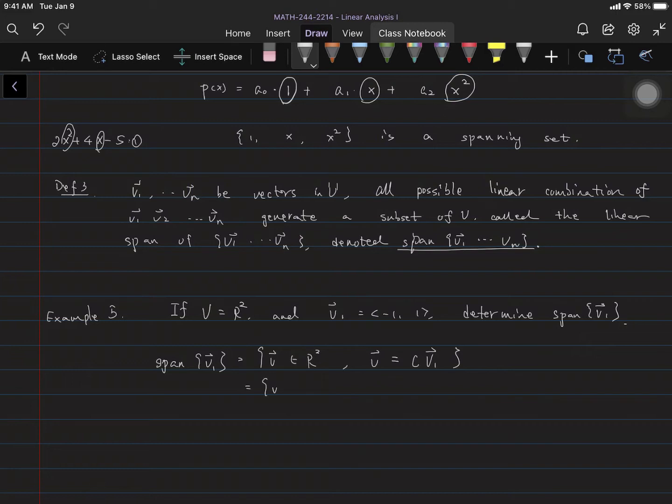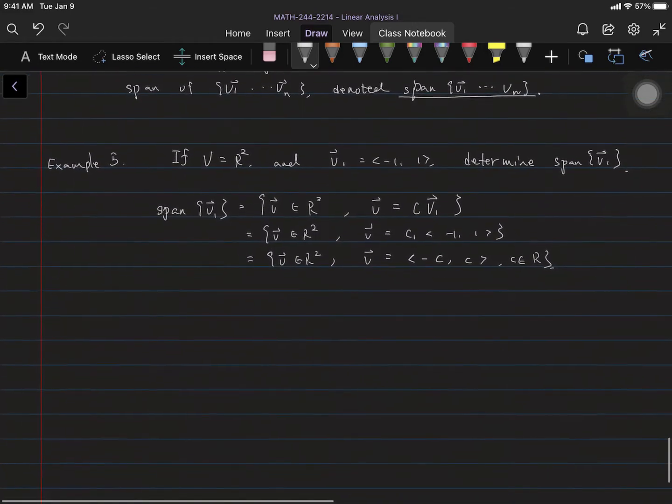And if we continue to plug in V1, what is V1? (-1, 1). Let's see. V belongs to R2, so any vector in the spanning set is (-c, c), and c can be anything, belonging to R. So any vector has this kind of form.